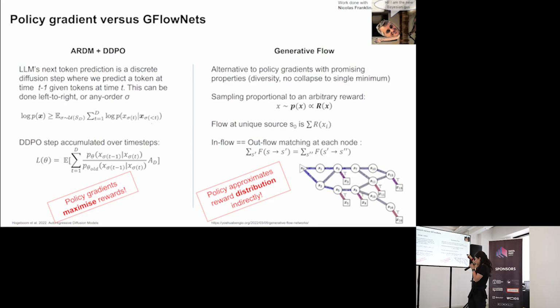The reason is that the flow mass that has to be matched at each node is proportional to the rewards assigned at the very end. So at the end of each of these nodes are the rewards, either from your oracle or from your experiment or whatever. This policy will generate samples according to your reward distribution. It's just one training.